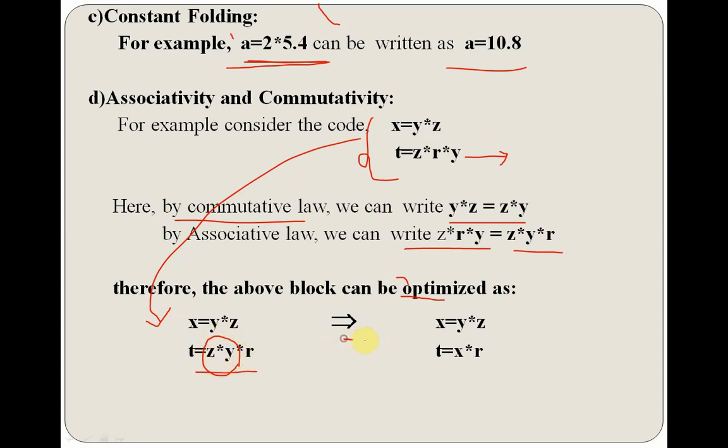So the simplified code will be: x equal to y into z, t equal to x into r. Here x equal to y into z. So by this method I can simplify the code. This is about the concept of optimization of basic blocks.